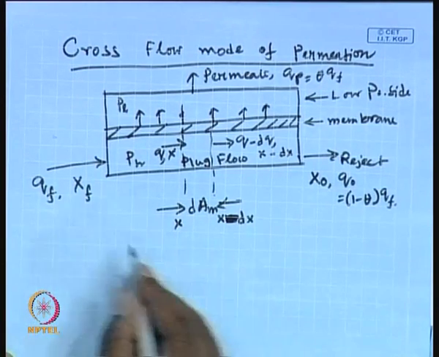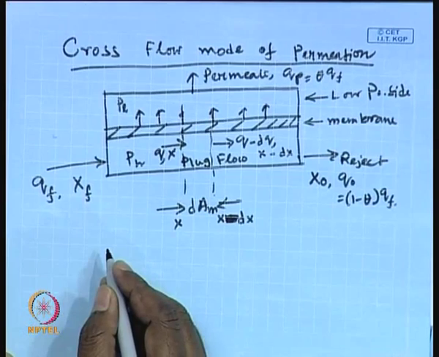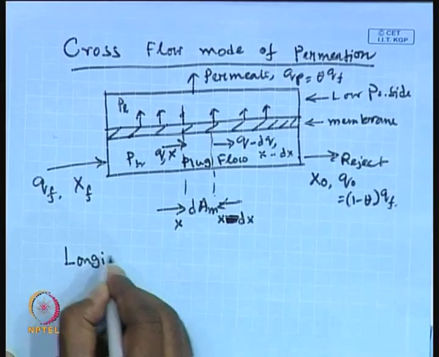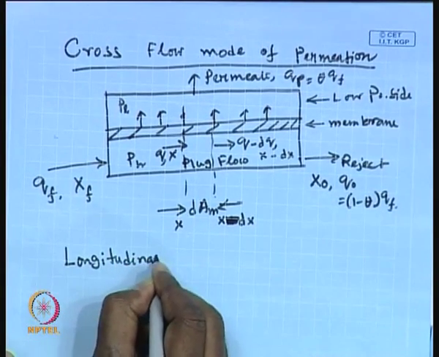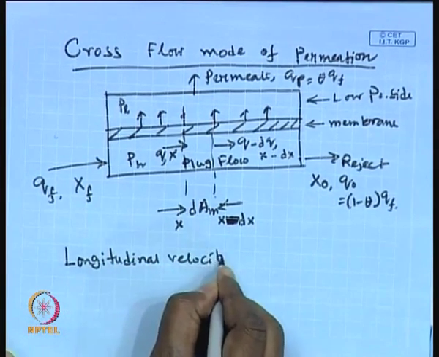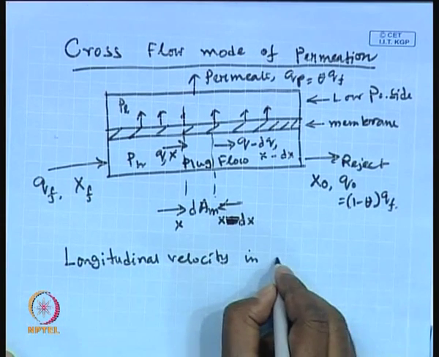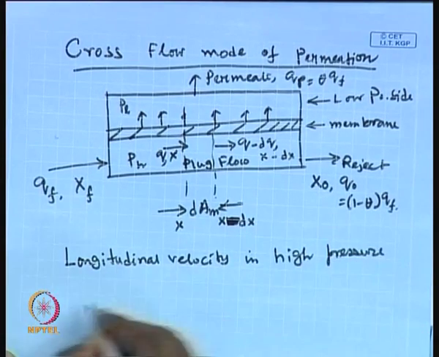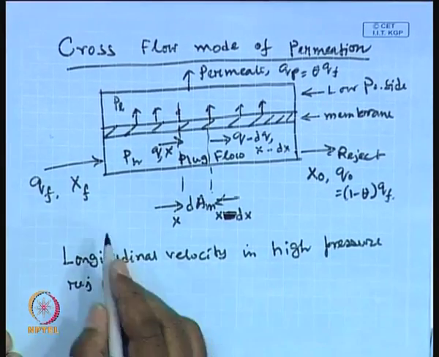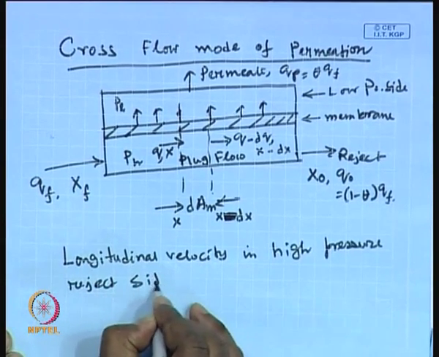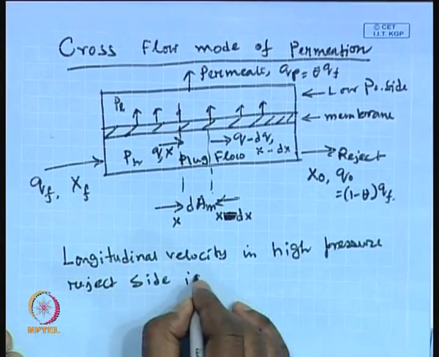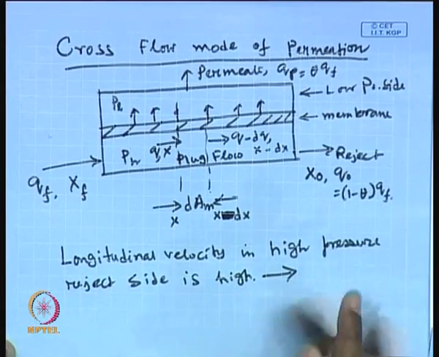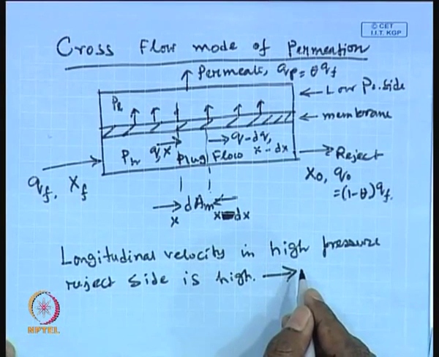The longitudinal velocity in the high pressure reject stream is quite high. Since this velocity will be quite high, then we can assume a plug flow is prevailing there.